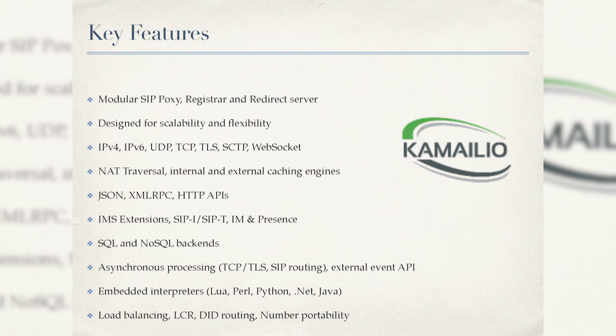APIs, embedded interpreters. So if you don't really like our configuration file language, you will probably find something that suits you. A couple of people were mentioning Perl before, but we have Lua. There are other people even adding Java. I'm not sure how much that will suit performance, but in some cases, when you build an application server, that could save you some time and money.